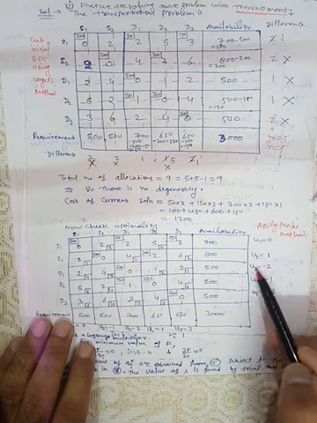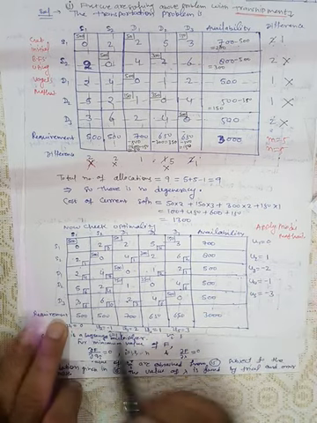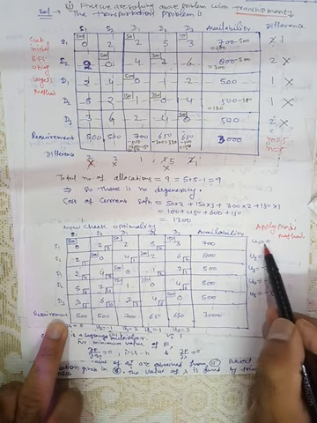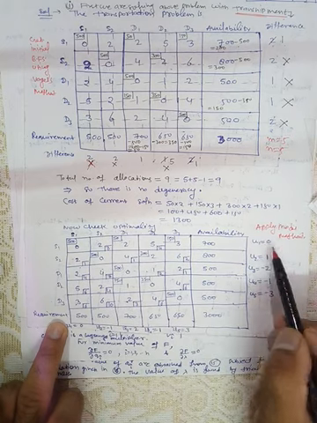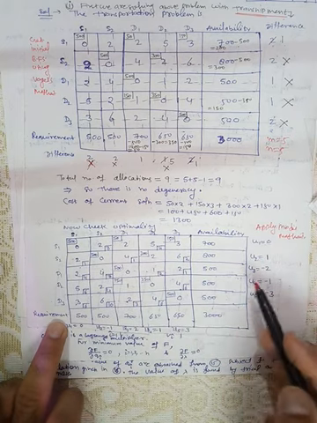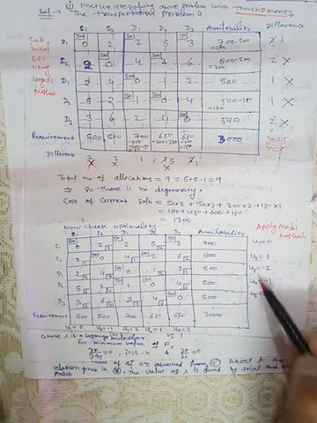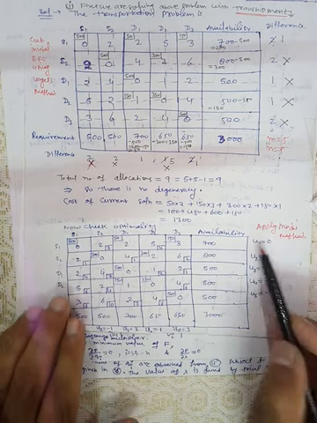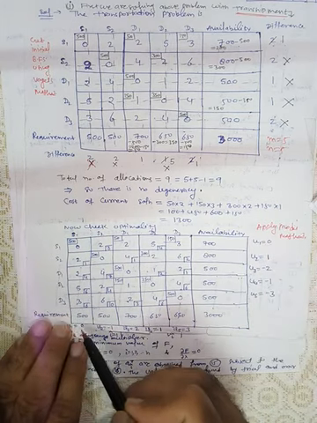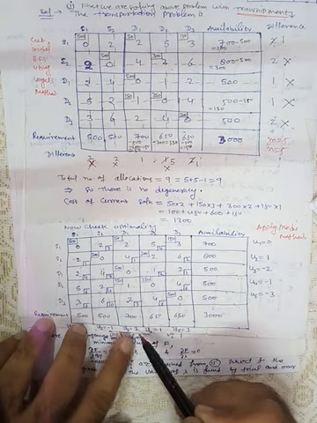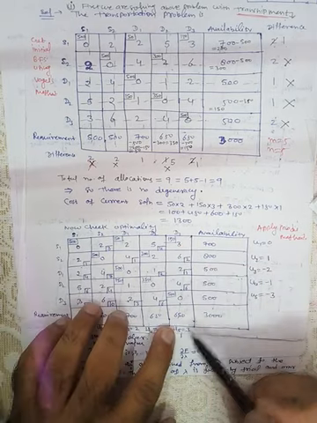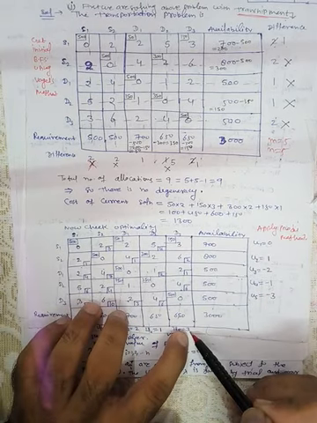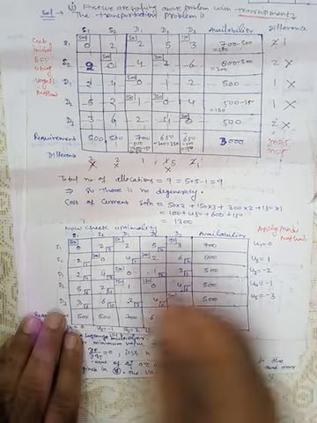This is U1, U2, U3, U4, U5, V1, V2, V3, V4, V5. So put it 0 and then with the help of this find out all the values of U1, U2, U3, U4, U5, V1, V2, V3, V4, V5 as usual. So here is 0, so this will be 0, V1 will be 0, then V3 will be 0 and here V5 will be 3. Fine. And then with the help of this find out these values.